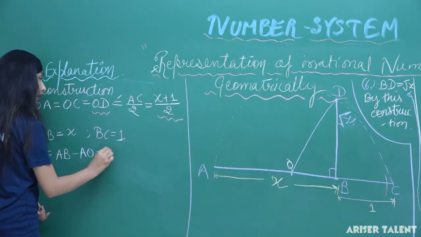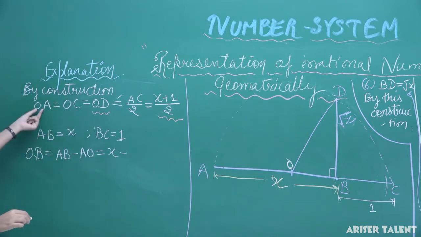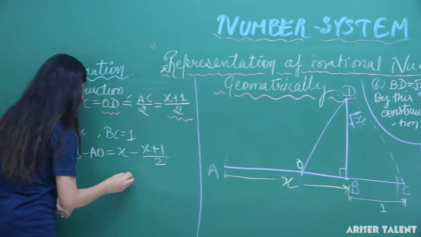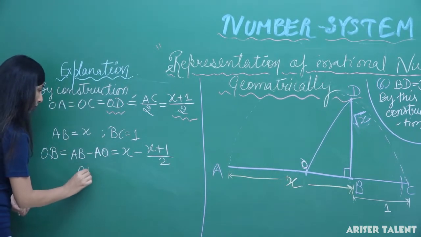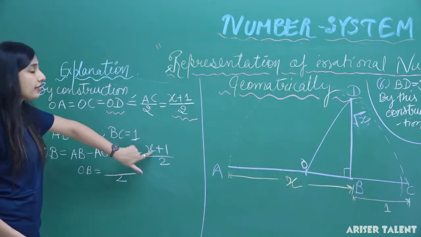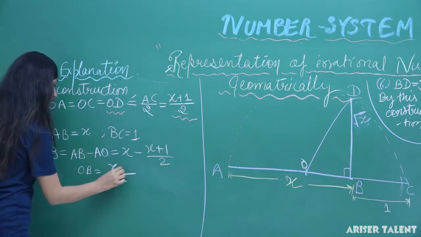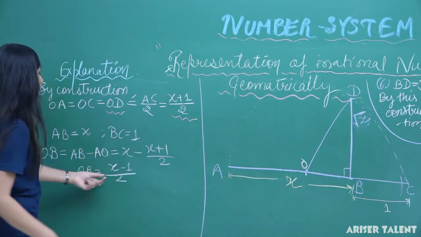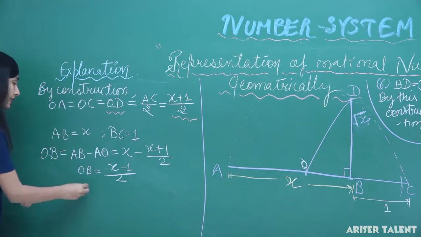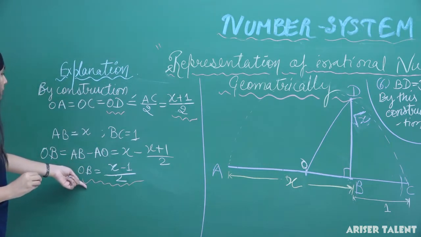AB is equal to x which is given, and the value of AO I have found to be (x plus 1) by 2. That means OB is equal to x minus (x plus 1) by 2, that is (2x minus x minus 1) by 2. When you solve this, you will get OB equals (x minus 1) by 2. So, this is the second value I am getting.